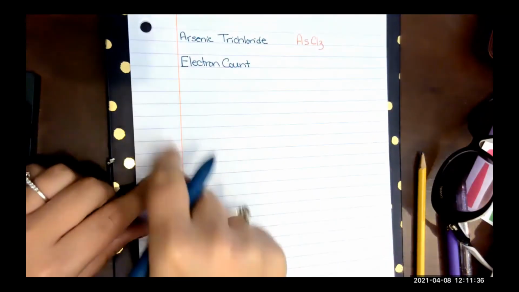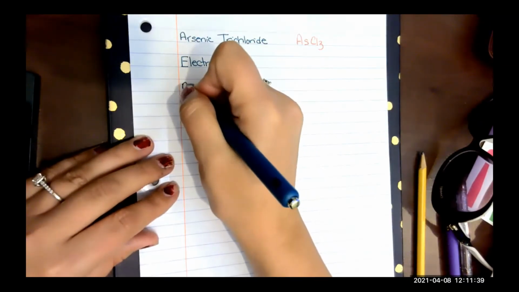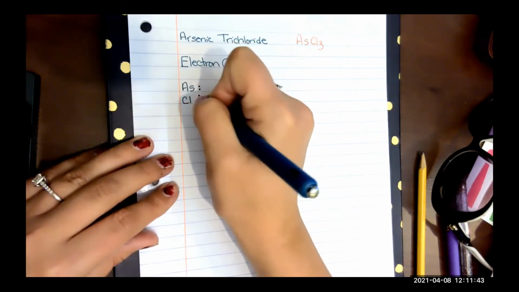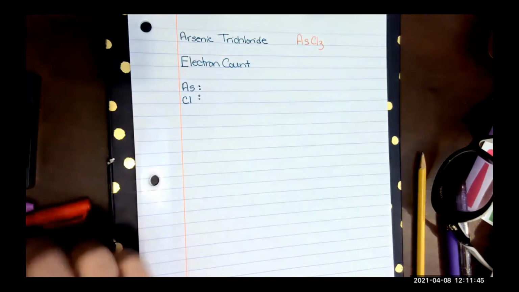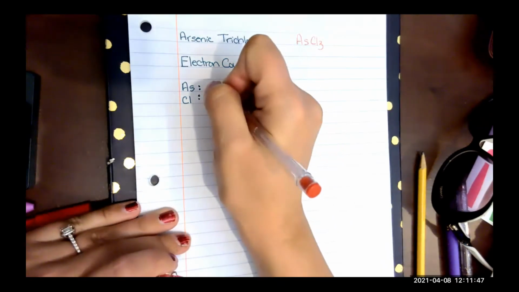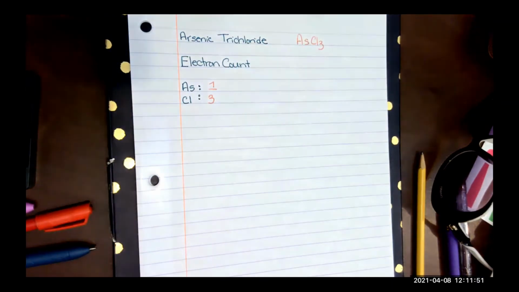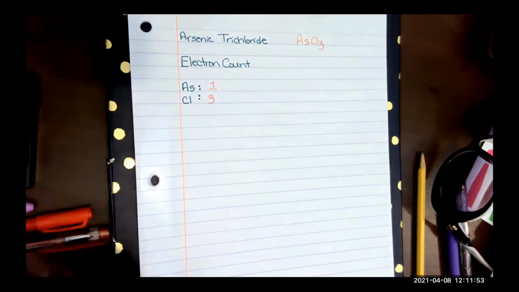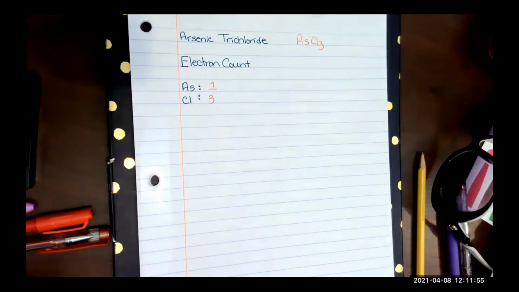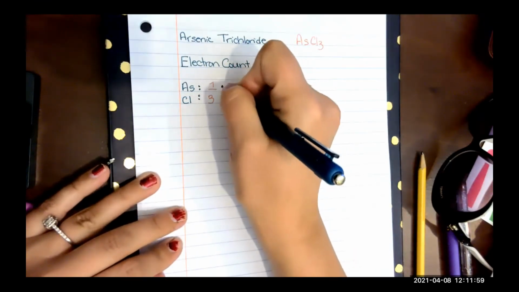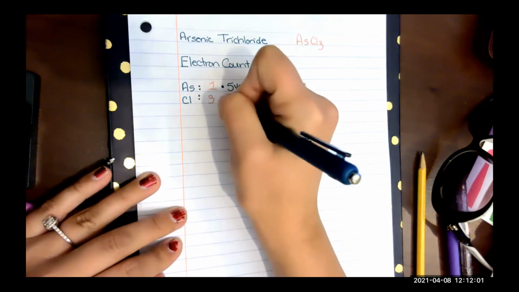Okay, so we put our elements down here. We have As and Cl. Looking back, we have 1 arsenic and 3 chlorines. Looking at the periodic table, arsenic's in column 15, which gives it 5 valence electrons.